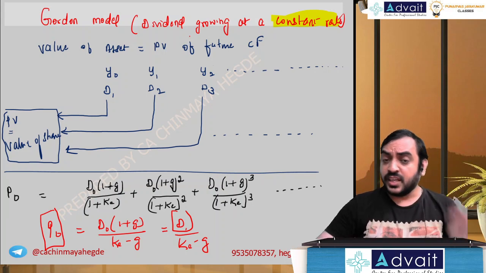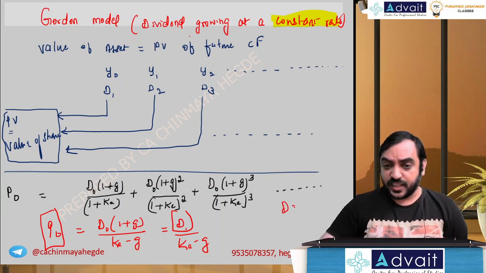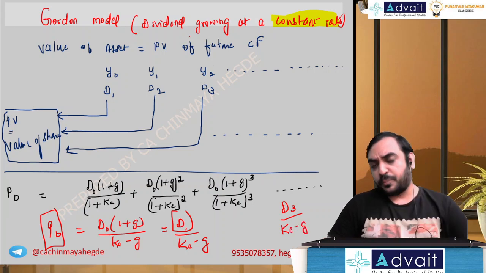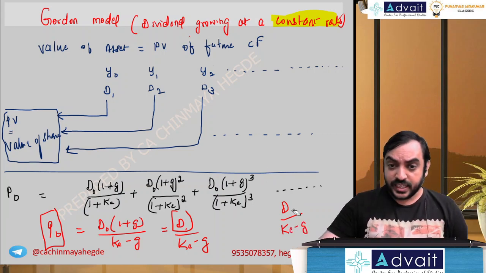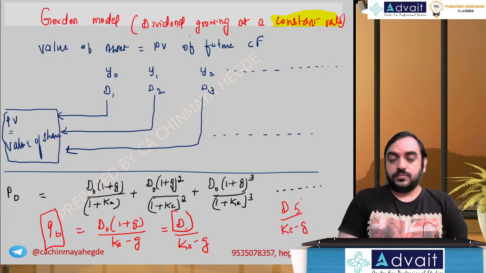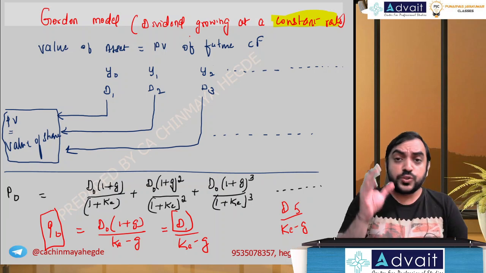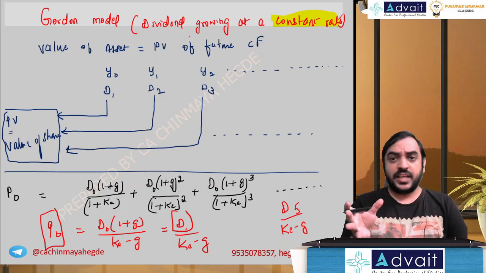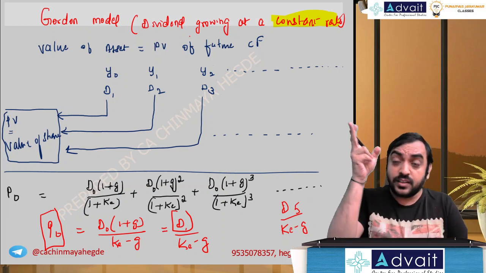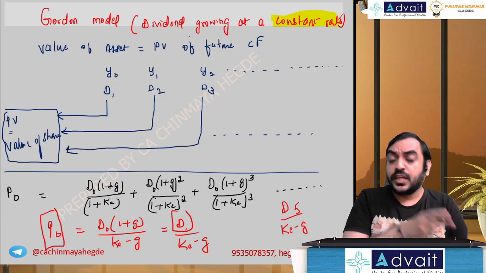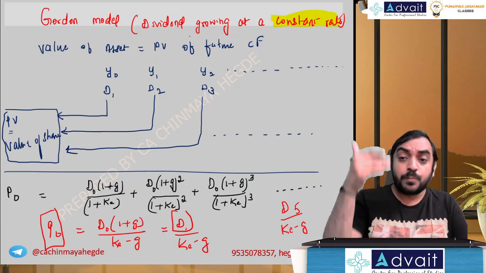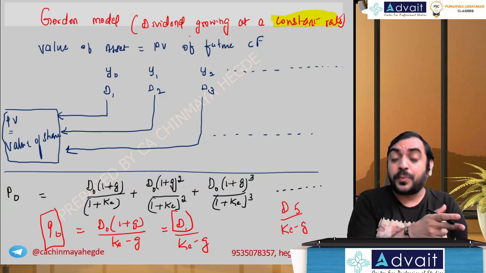Now, can you tell me, if I do D3 by K minus g, what P do I get? Or let me say D5. I will ask you once more. When I used D1 by Ke minus g, I got P0. If I make it D5 by Ke minus g, what price do I get?